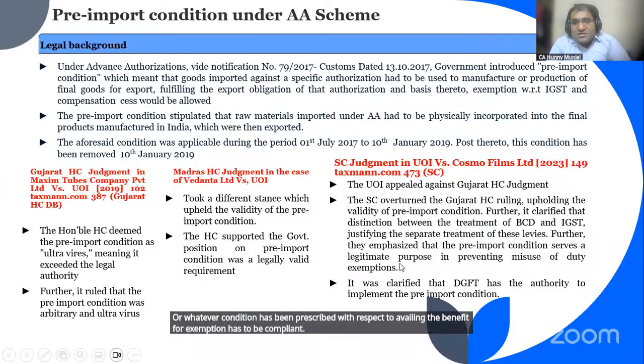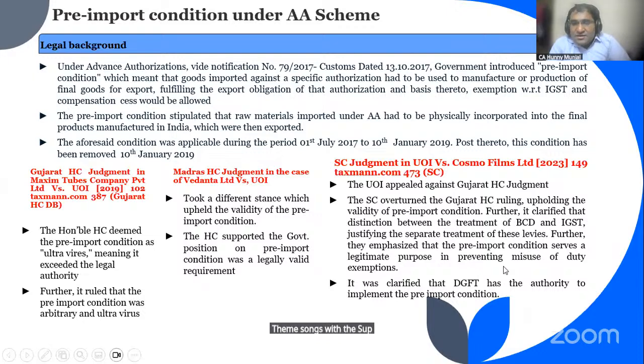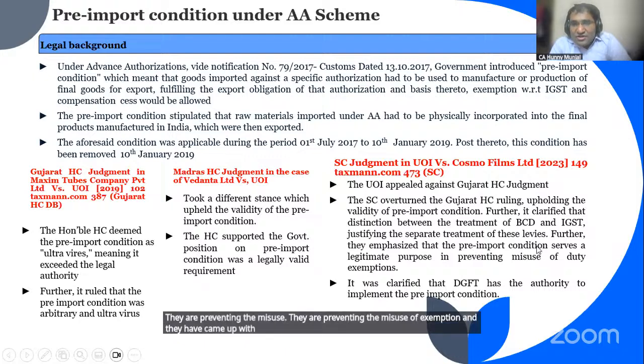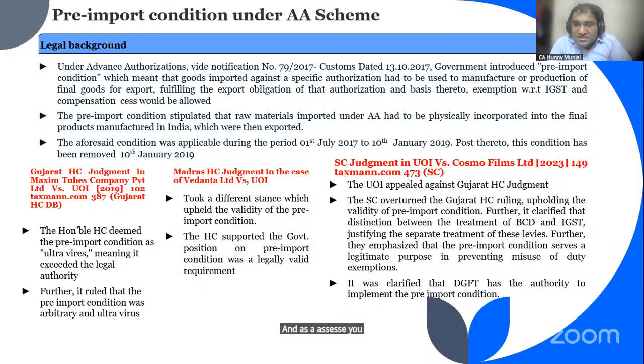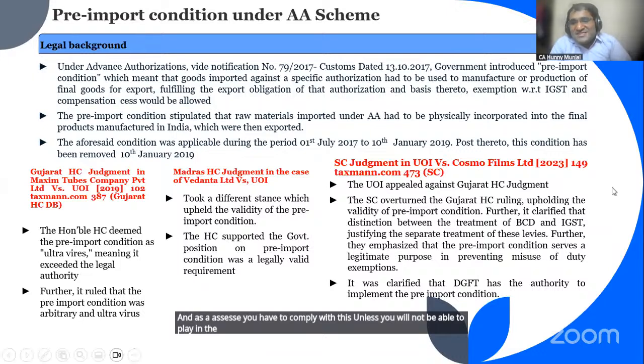Same stance the Supreme Court has taken, that for exemption they are preventing the misuse, and they have come up with a pre-import condition. And as an assessee, you have to comply with this, otherwise you will not be able to claim the benefit of this scheme with respect to specifically IGST and compensation cess.